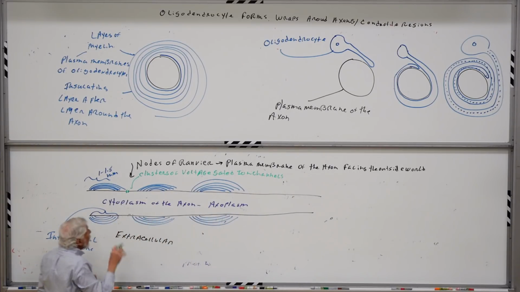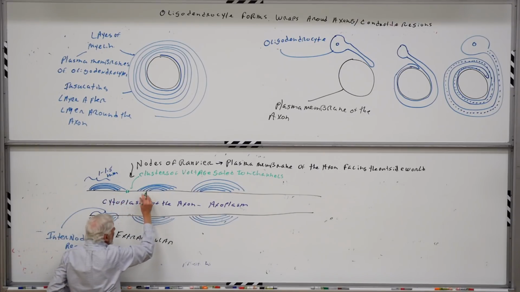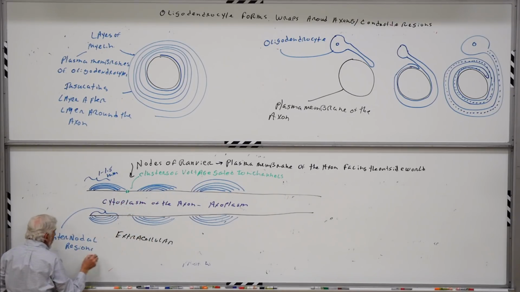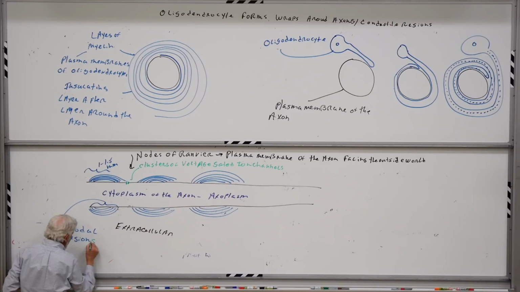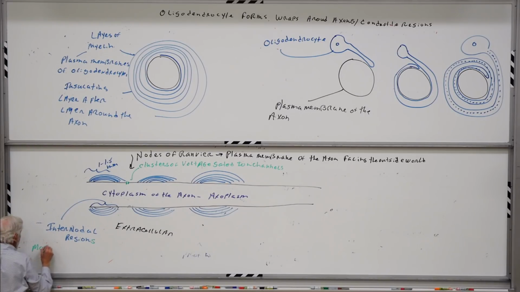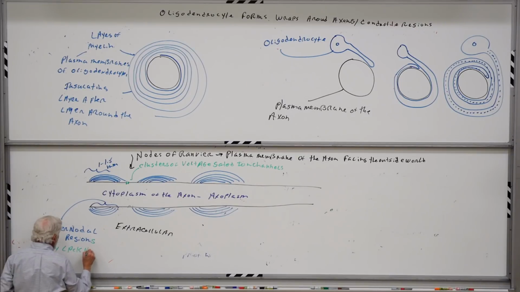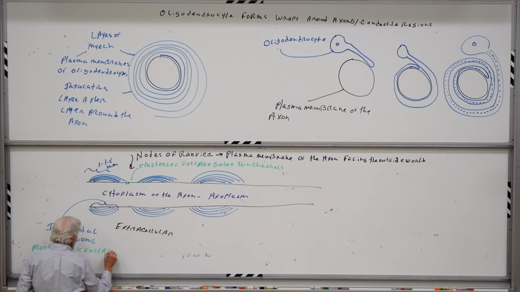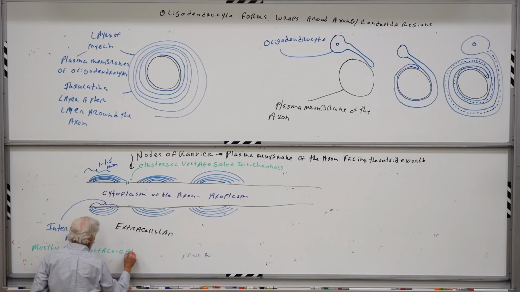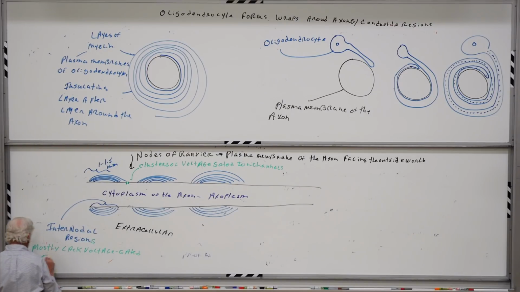For the most part, there are few voltage-gated channels here in the internodal region. So the internodal regions, this is a bit of an exaggeration, but they mostly lack voltage-gated ion channels.